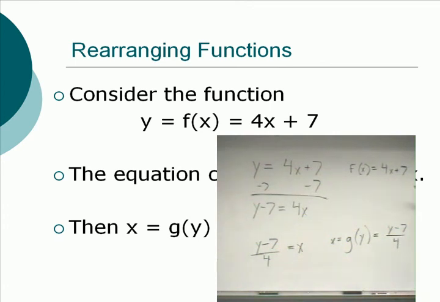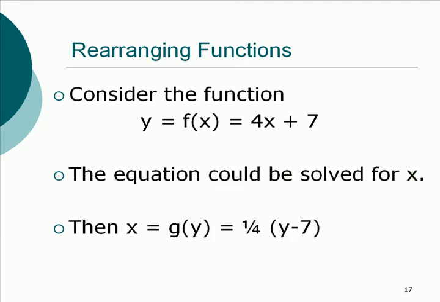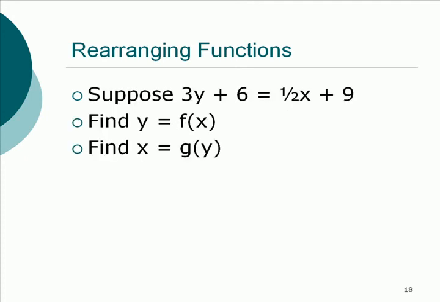So we could start out with this, a function of x, and rearrange it to come up with a function of y. Let's do one more of those. That'll have to be it. Last one. 3y plus 6 equals 1/2 x plus 9.